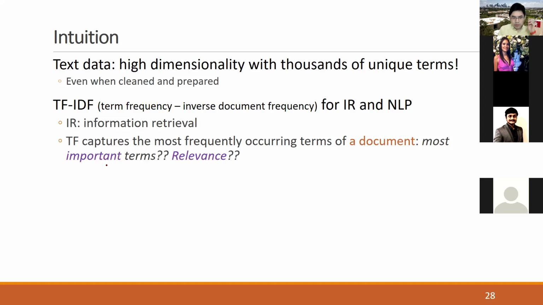When it comes to the importance of the terms, the weight of the term in that document has a great influence on whether that term is important to the document, even if it appears the most frequently in that document as compared to all the documents. And relevance is related to the context.